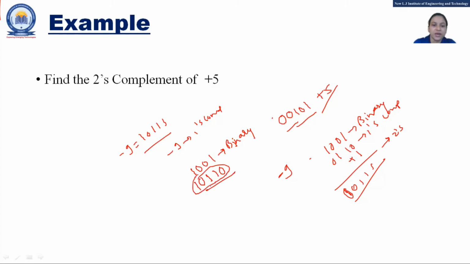So this is my minus 9 using the 1's complement method. So this is how negative numbers can be represented using 2's complement, 1's complement, and sign magnitude.